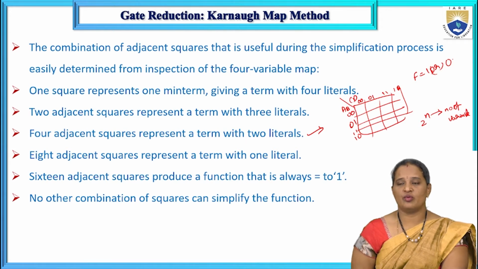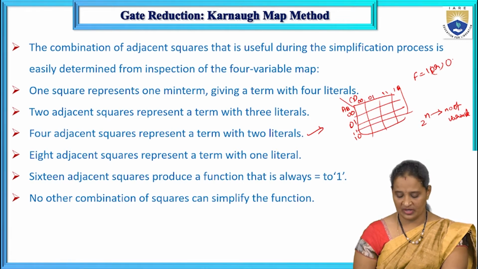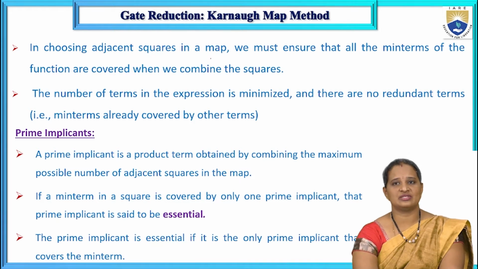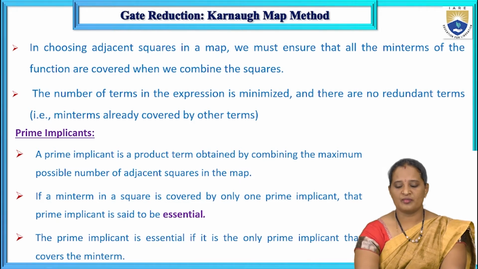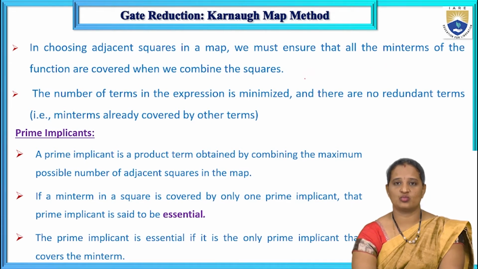Other than the group of 16 cells, we cannot form any higher groups in a 4 variable K-map. Now, while choosing the adjacent squares in a map, we must ensure that all the minterms of the function are covered when we combine the squares.